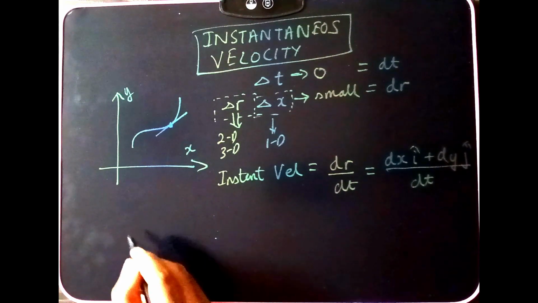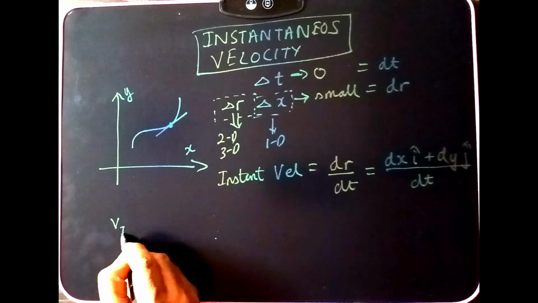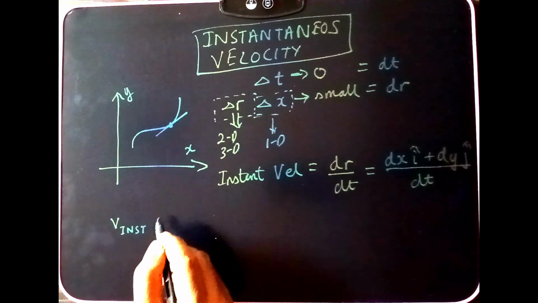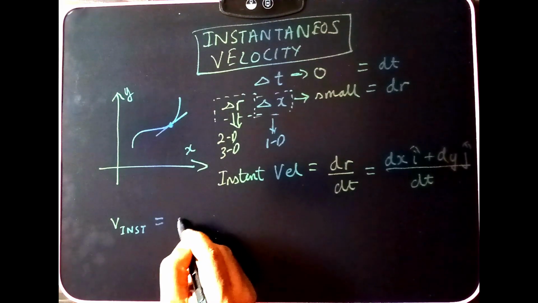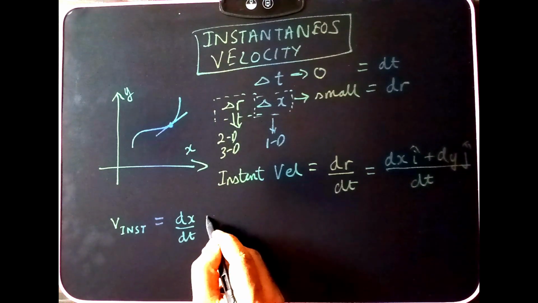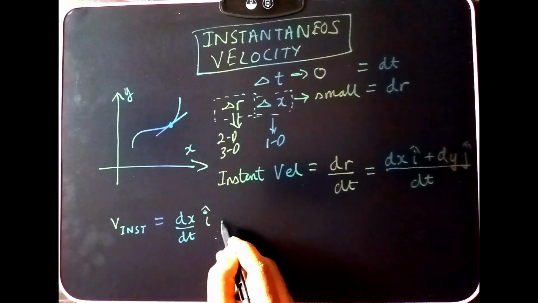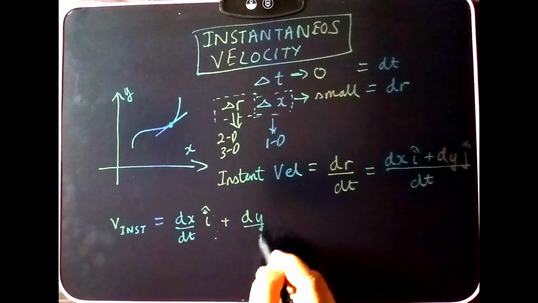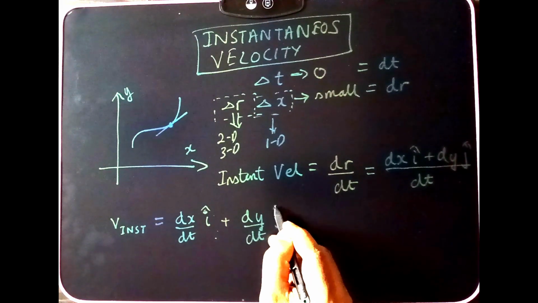So instantaneous velocity, v instant, can be represented as dx by dt. I can separate it out: dx by dt i cap plus dy by dt j cap.